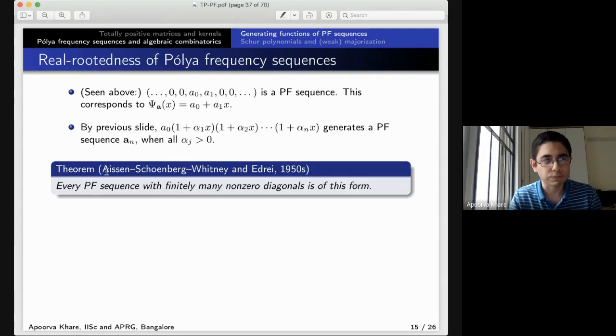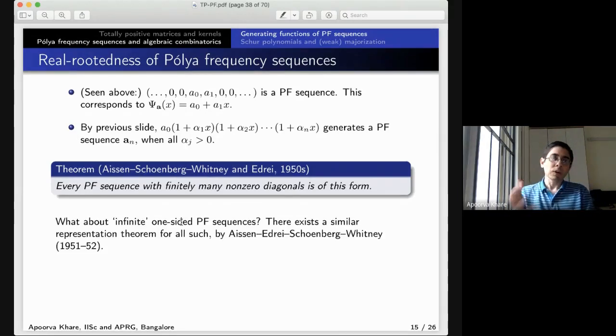This was proved by these two. Aissen and Edrei were students of Polya, and Whitney was Schoenberg's student, and they all proved this separately and together in the 1950s. A bunch of papers in the early 50s. What about infinite now? These are all the finite sequences that I mentioned, the ones whose generating functions are negative real rooted. What about infinite sequences?